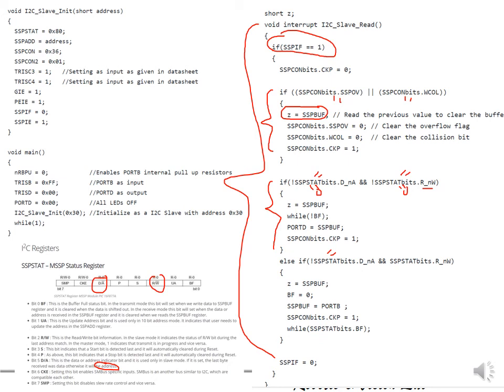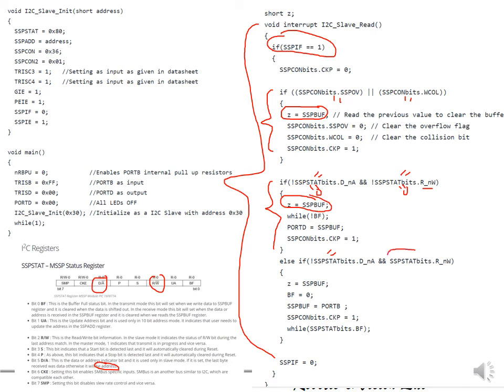And then the read and write here. If it is 0, that means we don't have any transmission anymore, so we receive the data. Here we receive the data.